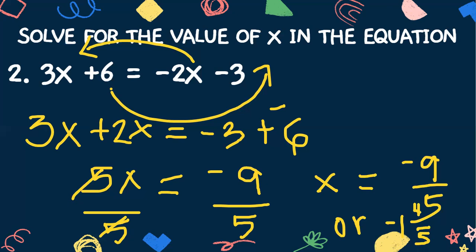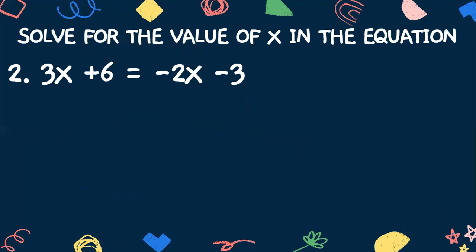So, and then the last one, we're going to check if our answer is correct. Okay? Negative 9 over 5 po ang sagot natin. X is equals to negative 9 over 5. Check po natin yung ating last step.